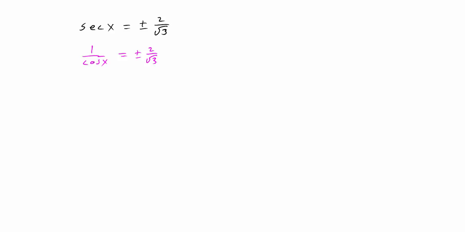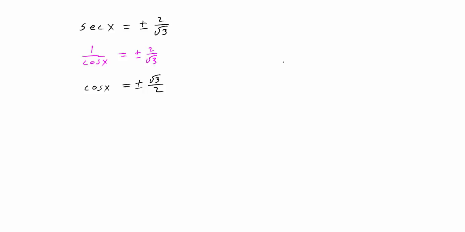If I was to flip this left side, this would become cosine of x equals, and that means I would take the reciprocal on the other side, so that'd be plus or minus the square root of 3 over 2. All right, so now I just prefer to work with either sine, cosine, or tangent when possible.